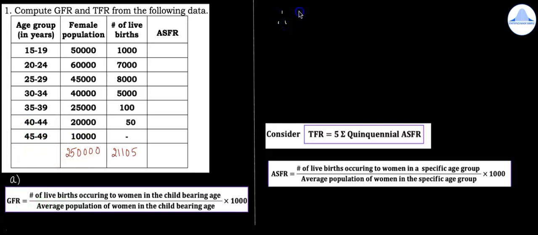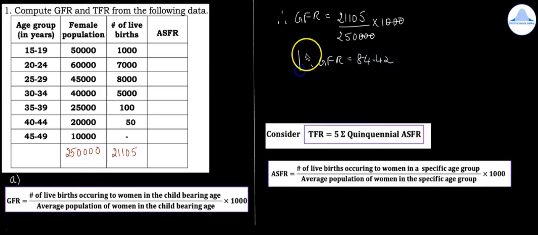So therefore GFR is equal to 21,105 divided by 2,50,000 into 1000. Cancel 3 zeros in the numerator and 3 zeros in the denominator, and on simplification you get GFR is equal to 84.42.